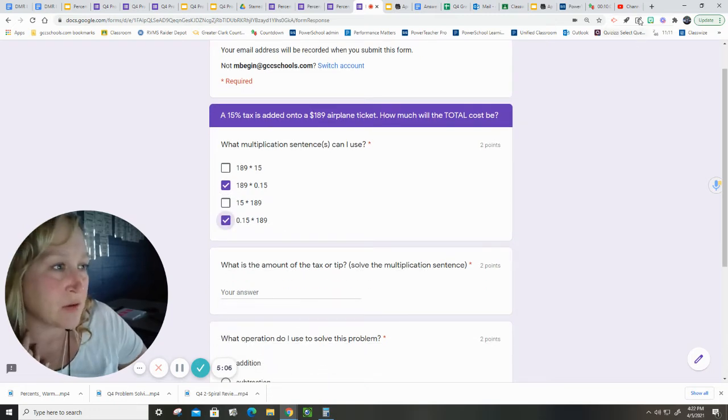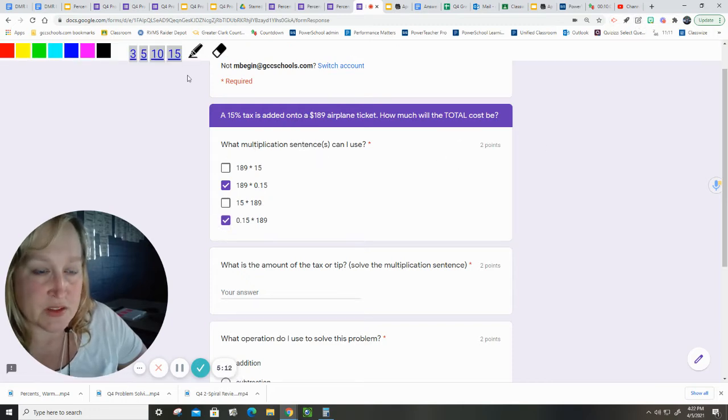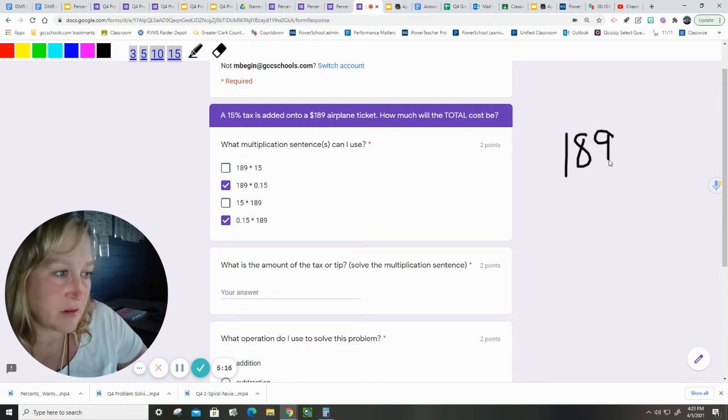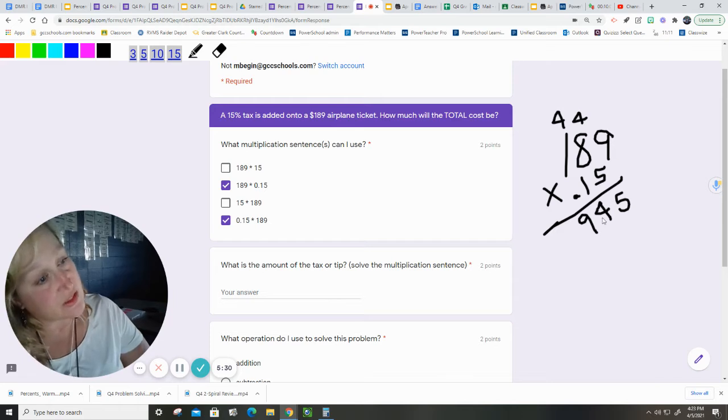What is the amount of the total of the tax or the tip? Well, let's do the math. 189 times 0.15. 45. 44, carry the 4, that's a 9. A little dizzy looking at this.